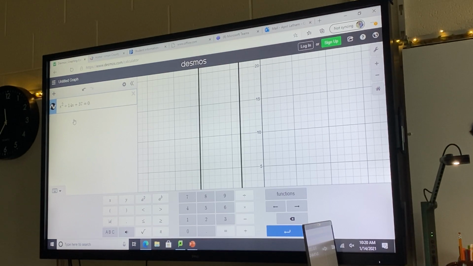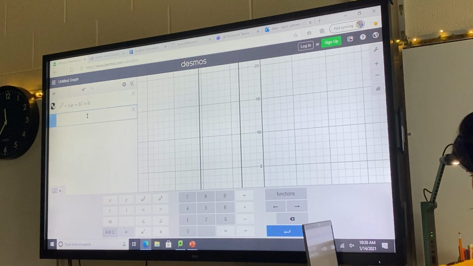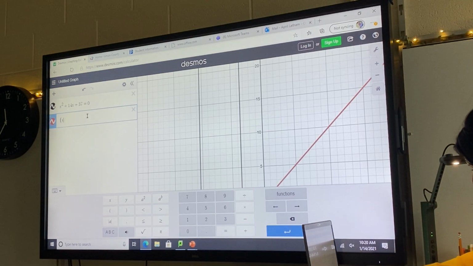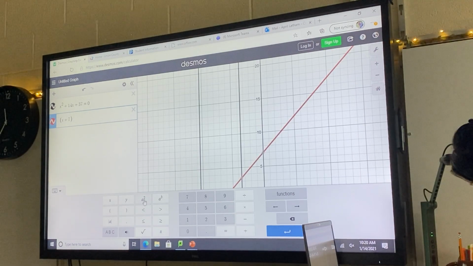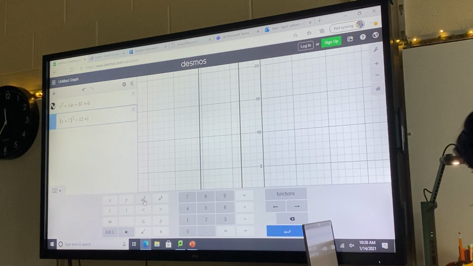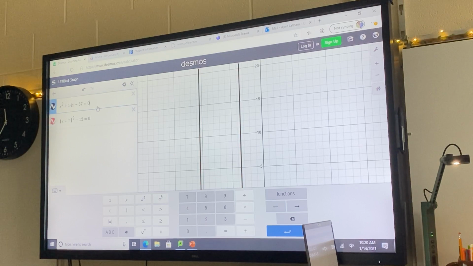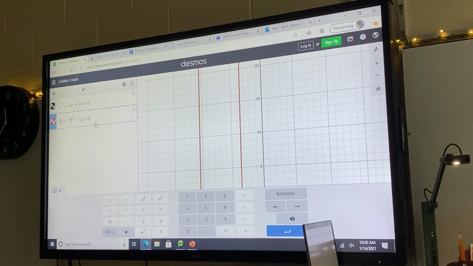And then on the next line, I'm going to put our solution. We got parenthesis x plus 7 squared minus 12 equals 0. And look, I'm going to click back and forth, so you can see first one, second one, first one, second one. They're right on top of each other.